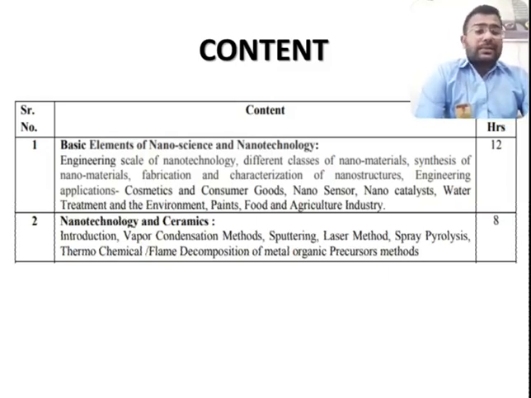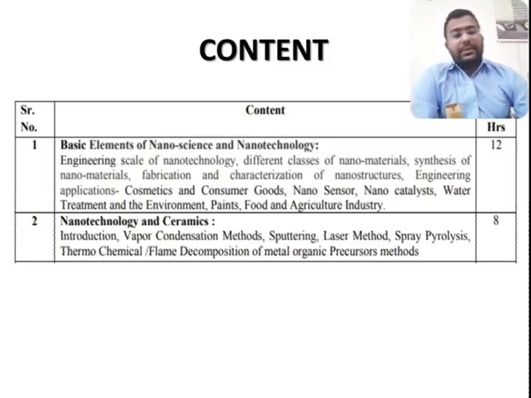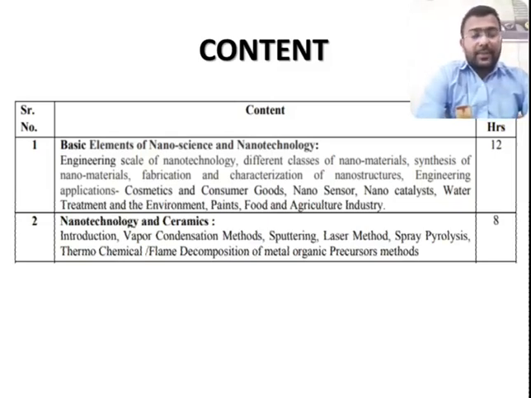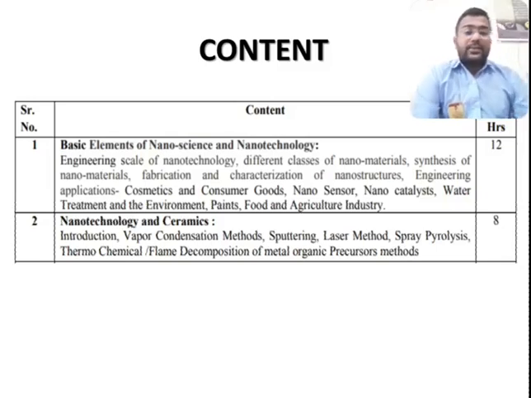Generally the laser and spray pyrolysis are used. This chapter we will learn in about 8 hours, so 7 or 8 lectures of our main topic will cover nanotechnology and ceramic.